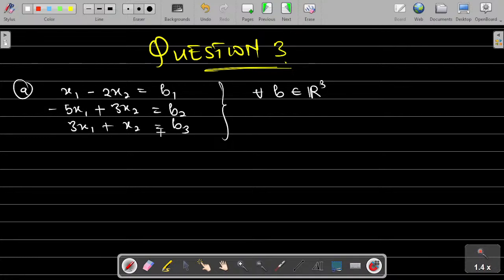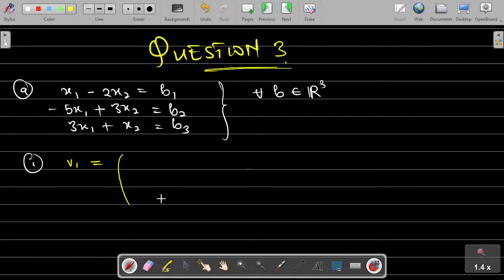Let's see how that is going to be. In determining it, they took some steps. First they said we should define appropriate vectors and restate the problem in terms of span. Like what we did in the previous example, from here we can define the vectors. The vectors are v1, which are the coefficients of x1, as in the other example they were coefficients of a, then v2 coefficients of b, and so on.